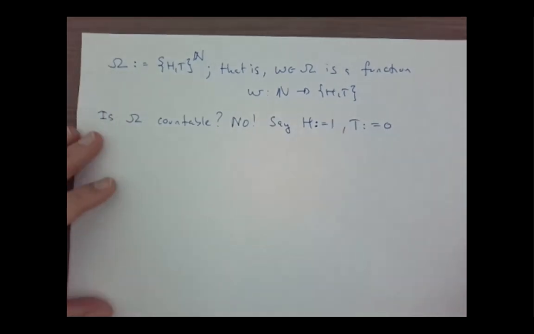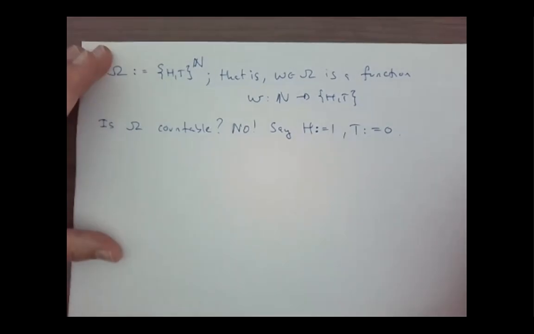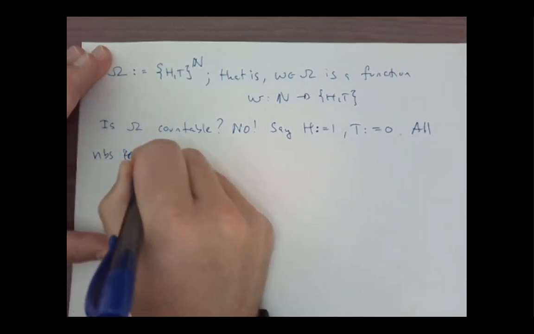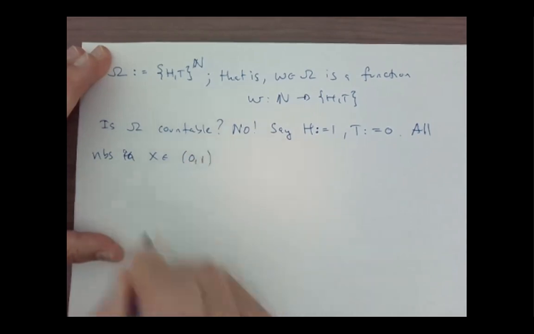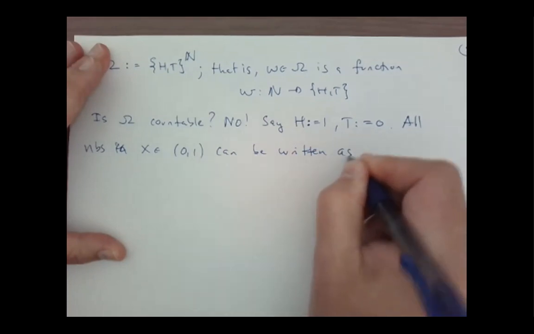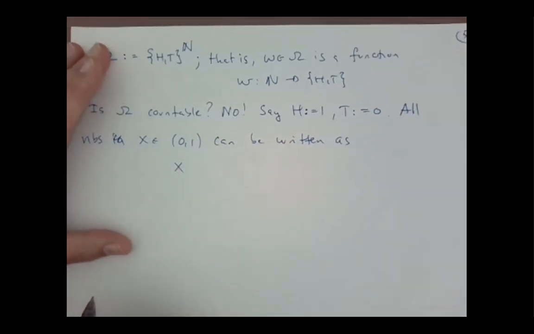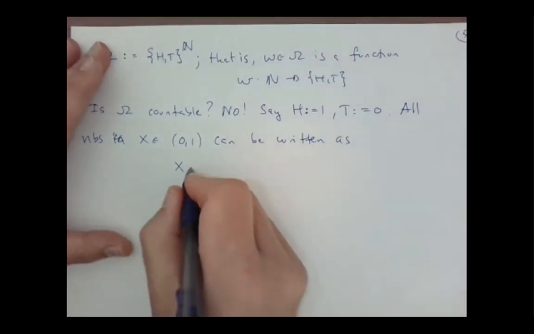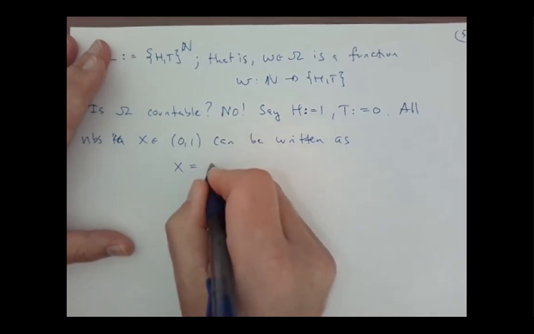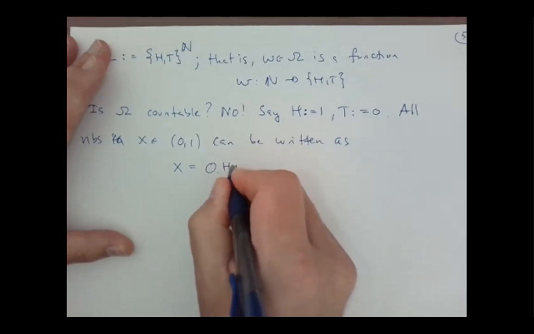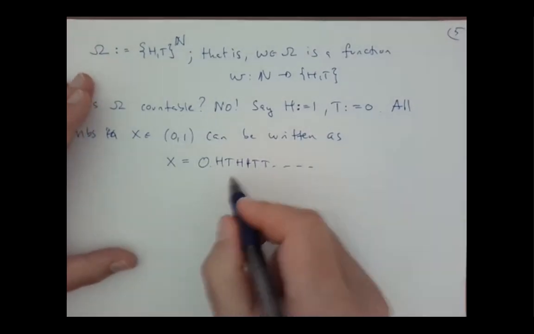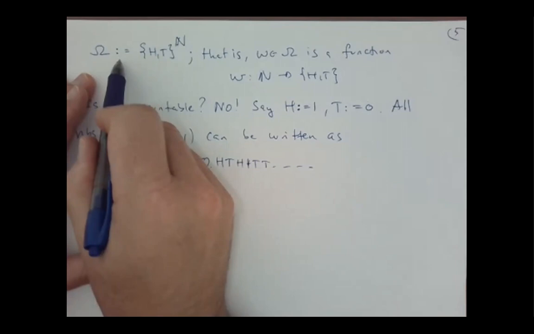Right, so then we can use that all numbers x between say 0 and 1 can be written in terms of their 0, 1 representation. So I can write this as a string of 0 point, and then I'll have H, T, H, H, T, T, and so on. What I have here on the right-hand side is something that I can get out from omega.